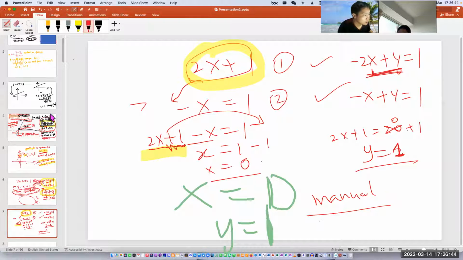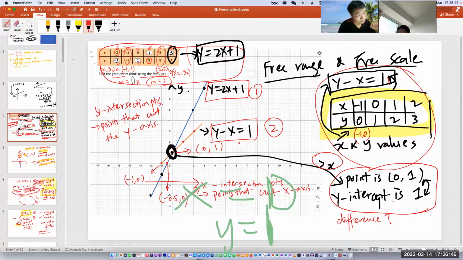Let's look at our graph here. Can you see that this point is what point? This is your blue line. The orange line. The blue line is represented by the first equation. The orange line is represented by your second equation.